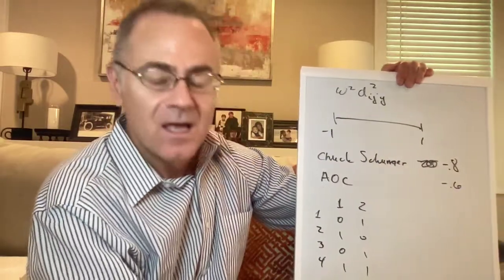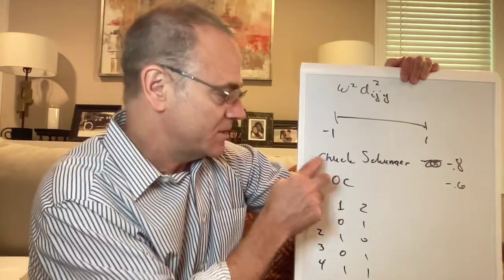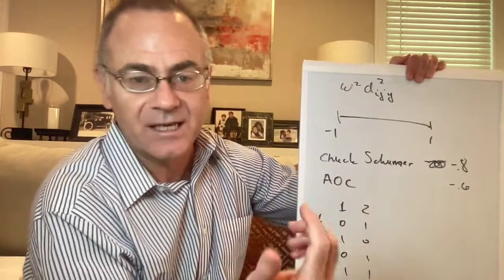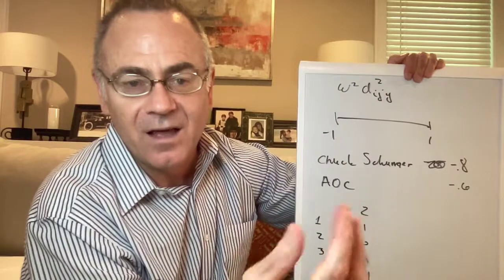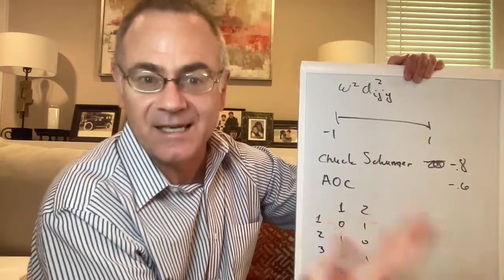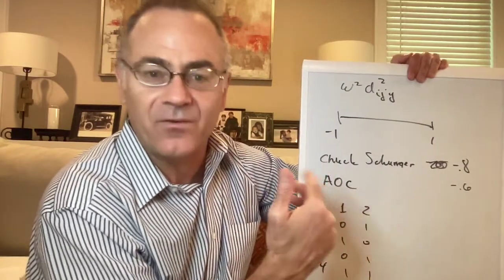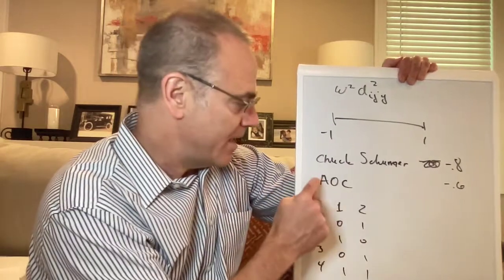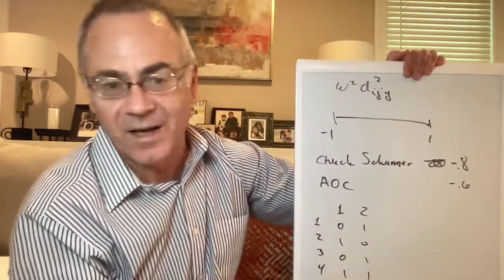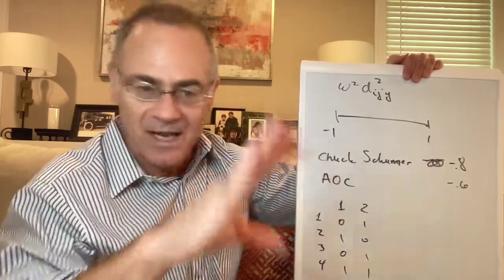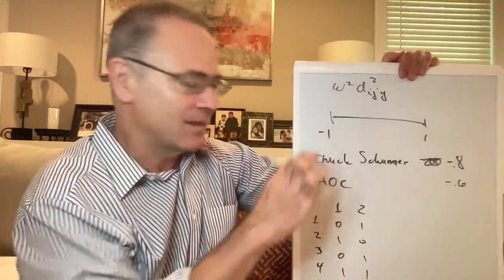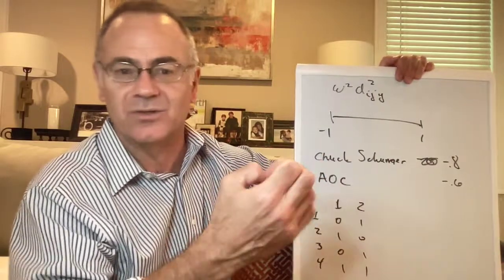Okay, so the key is for this question here, Chuck Schumer versus AOC, the Chuck Schumer score is estimated only from the Senate data. That would be a completely different data set. And the AOC score was estimated only from the House data. And there's nothing in the data to link up those two scores.